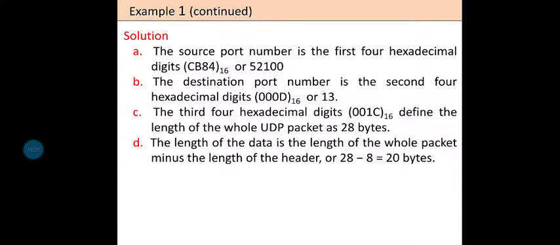When I subtract the header from the total length, I get the length of the data, the datagram. So 28 is the total length of the UDP packet, and 8 bytes are the header. Therefore, when I subtract that, I get 20 bytes.